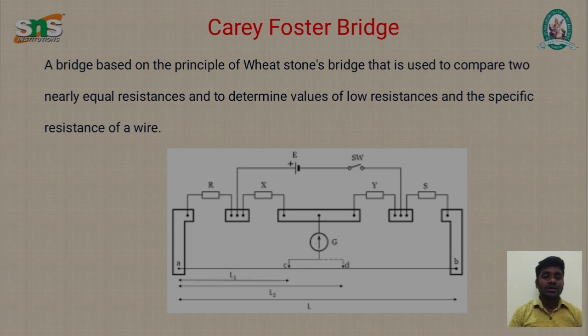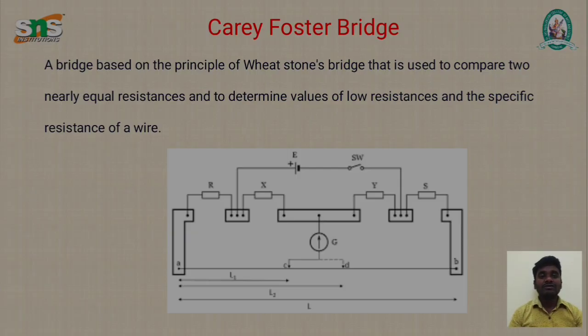Then we have to move the jockey from point A to B. In between it will balance at a particular distance in the length of the wire. Then after noting down the readings, we have to interchange the resistances R and S, keeping S on the left hand side and R on the right hand side. Again we repeat the same procedure to take the reading. So we have taken two sets of readings.